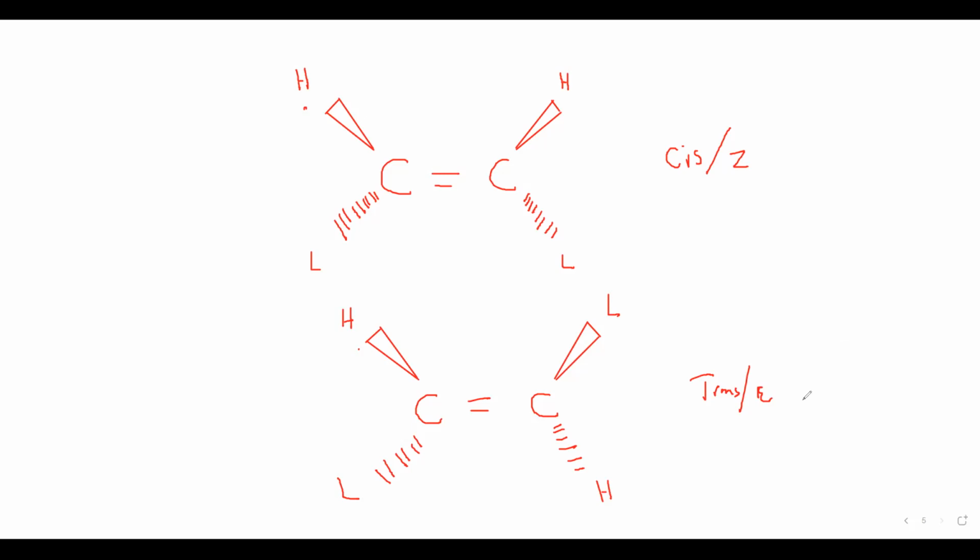Example, you have butene. So when I draw the structure of butene, this will be CH3, CH, double bond CH and CH3.